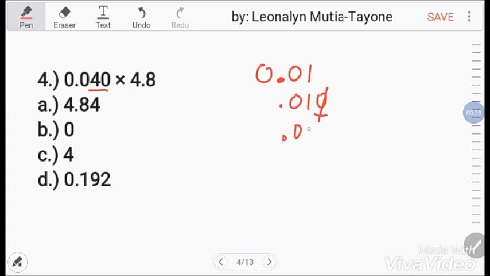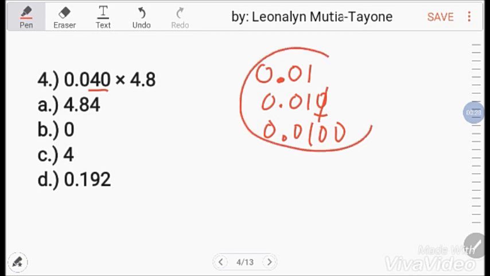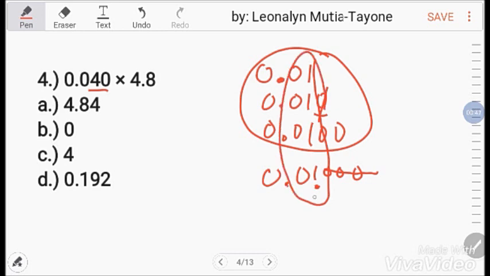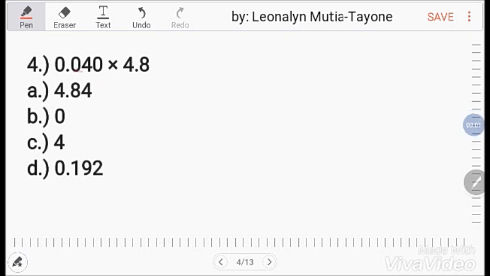Kahit ilagay mo pa yan ng maraming 0, after dito sa 1, wala yang halaga. Kapag after sa decimal, yung mga 0 niya, after sa mga numbers 1 to 9, wala na yang halaga. So, bali, ang significant dito ay hanggang dito lang at saka ito. Itong 0 na to after sa 4, hindi na yan significant.